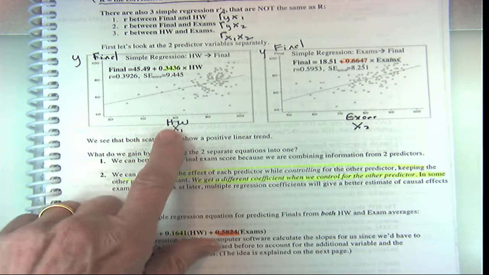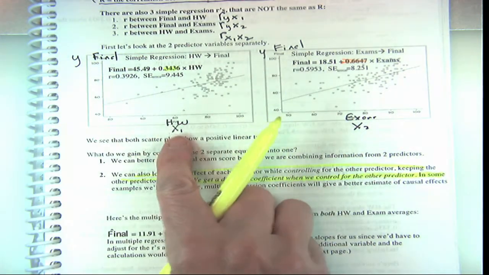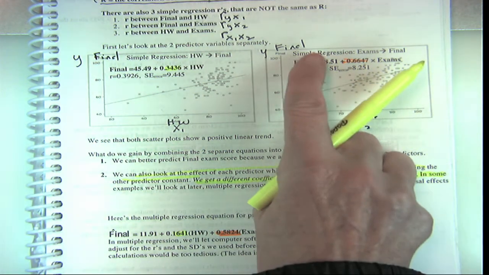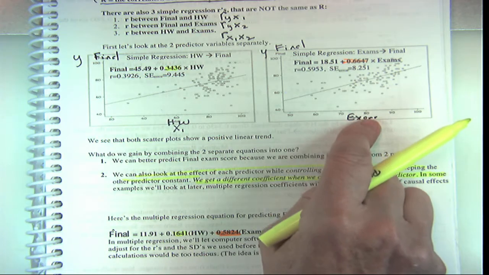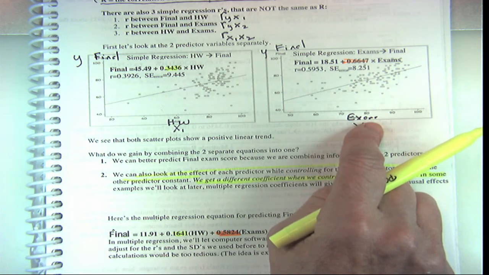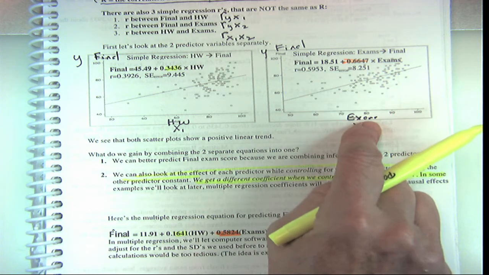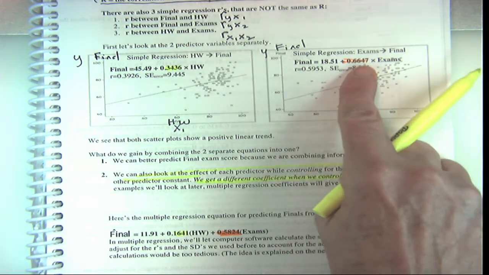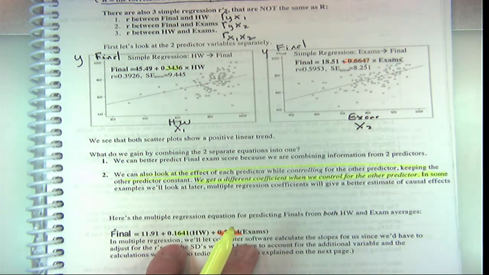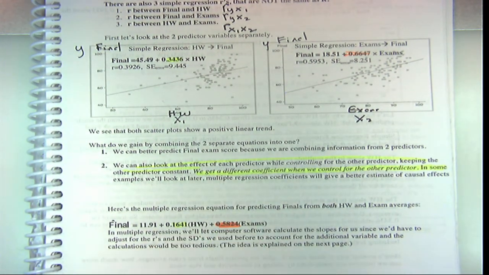It means that when you're predicting final from exams, ignoring homework scores, people who have higher exams also have higher homework. So part of this effect is due to homework. Same here.